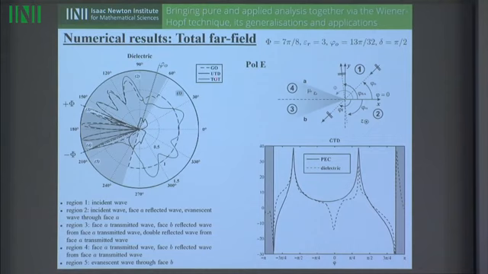The solid line in gray is the total field for this kind of problem, and here is reported the comparison between the GTD obtained for the equivalent perfect electric conducting problem and the dielectric problem when you have a permittivity equal to 3. Okay, thank you.